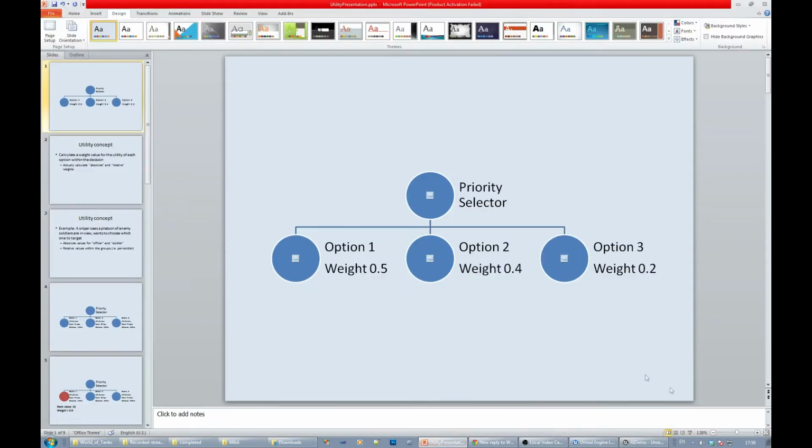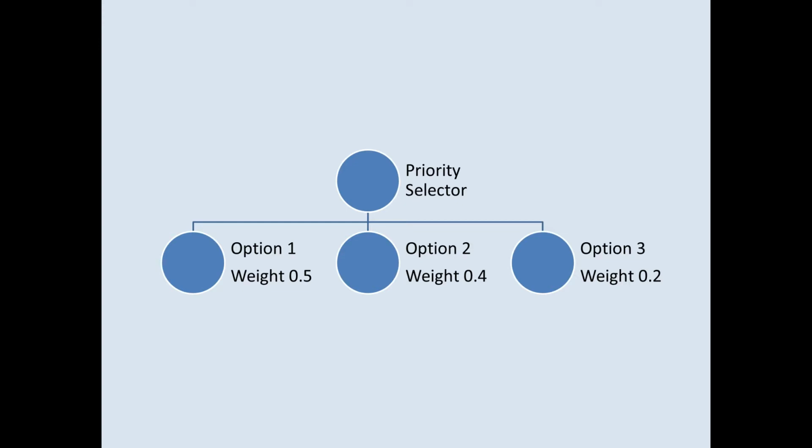So let's just talk about this idea of utility for a second. If you think about a behavior tree, what we're actually saying is that for any behavior tree node, we want to be able to choose from a set of options. Now, within a behavior tree, in a traditional sense, you'd have a priority selector that would ask each option, what is the priority value for you to run?